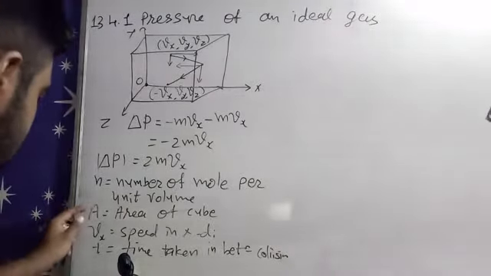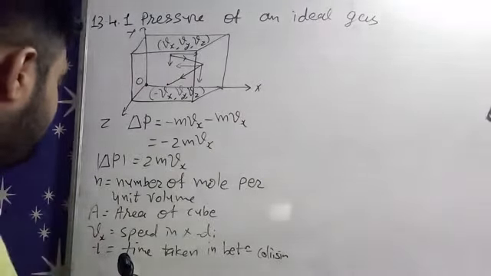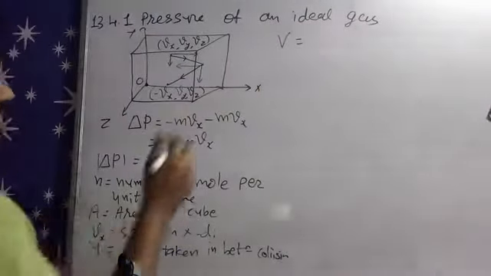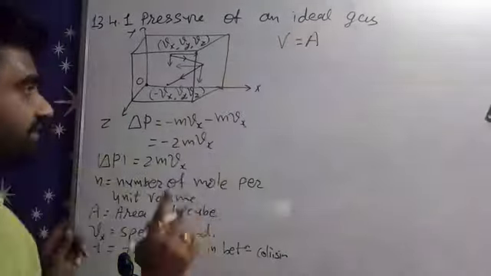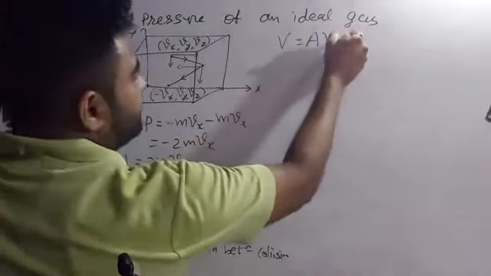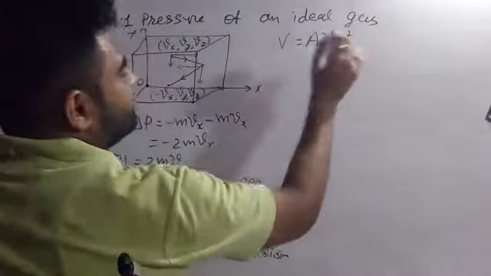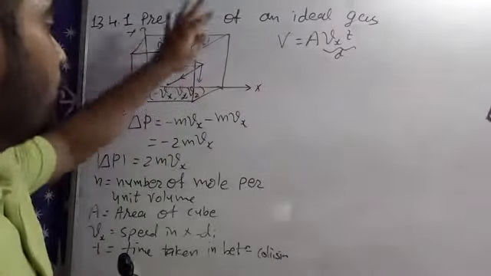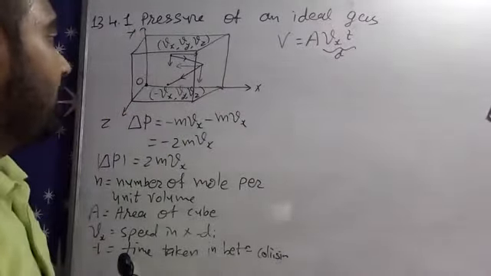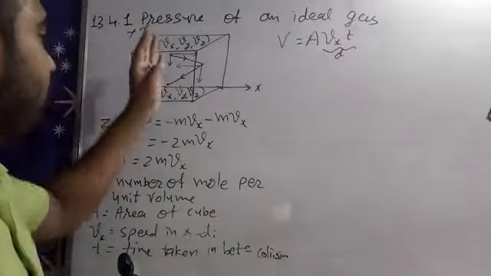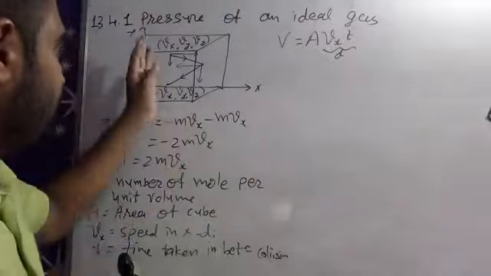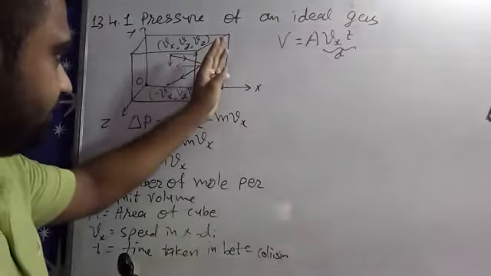So area into Vx into T. So the volume here is area into distance. Distance means velocity into time, so that is our distance. Okay, so that's the volume of our whole cube. Now, molecules. Earlier we discussed the molecules which are going in the right hand side direction.